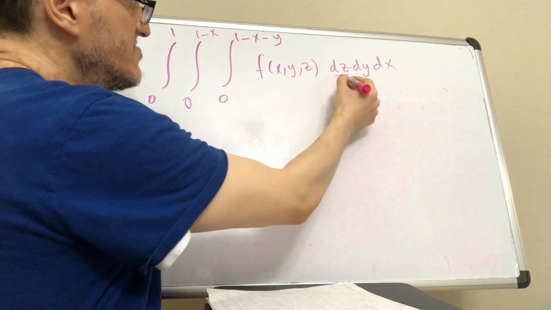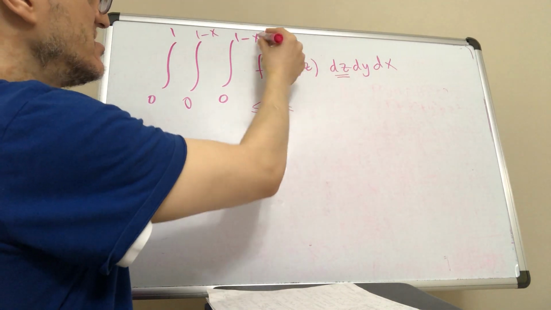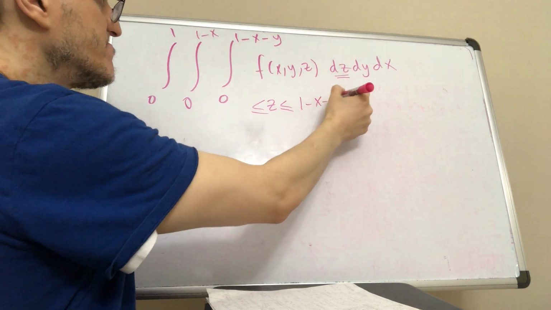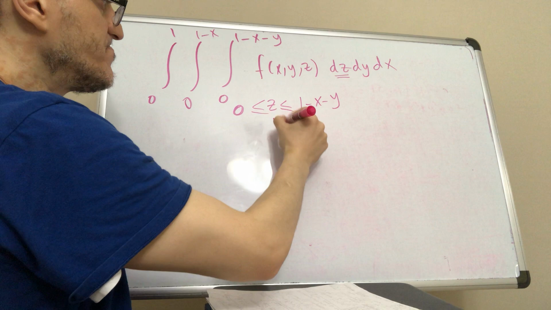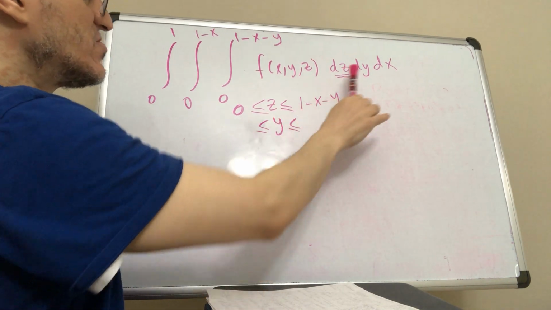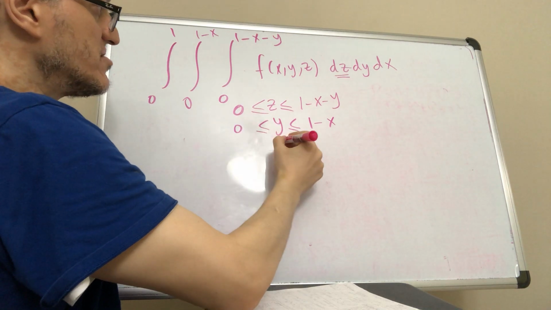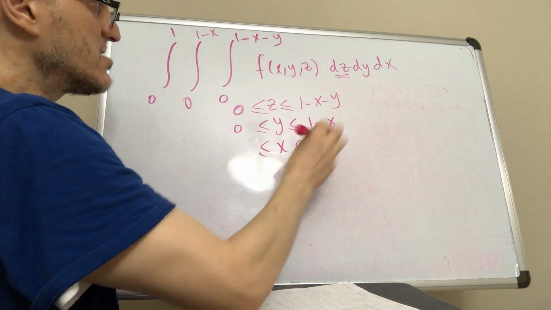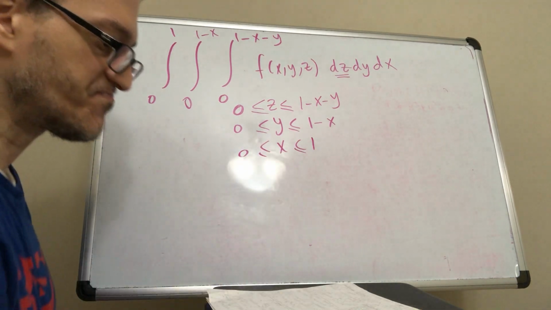The z here means that your limits for the first one, z, are between this and 0. dy means that the limits for y are 1 minus x and 0. And dx means the limits for x are 1 and 0.